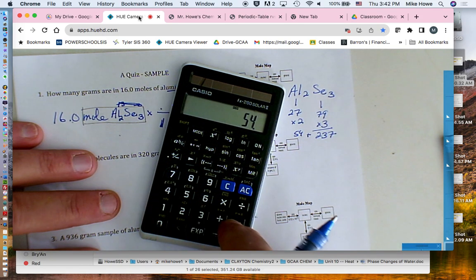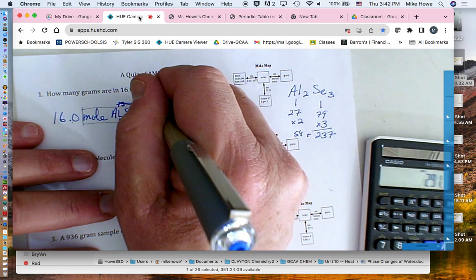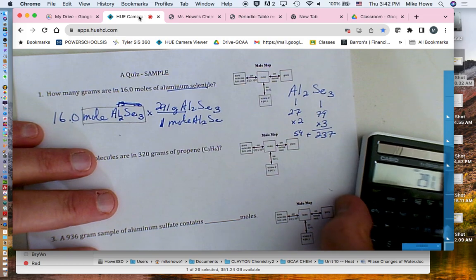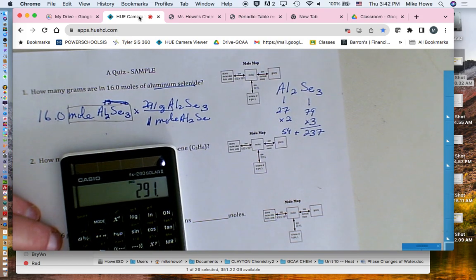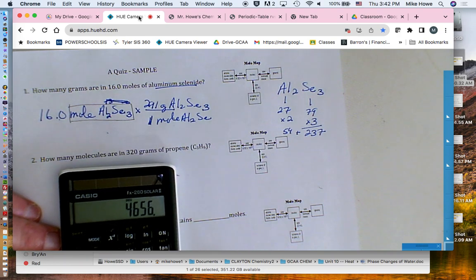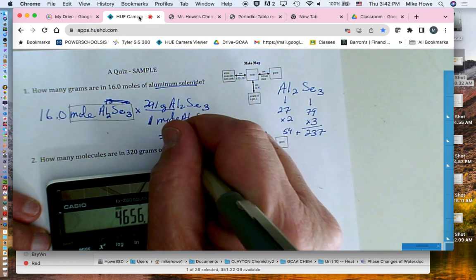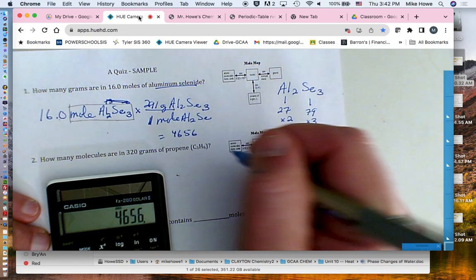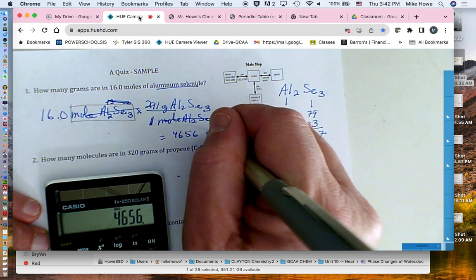So 54 plus 237, 291. Then you would multiply 16 by 291. And that is our final answer, because that answer will be divided by 1. Moles cancel, and you're left with grams of aluminum selenide.